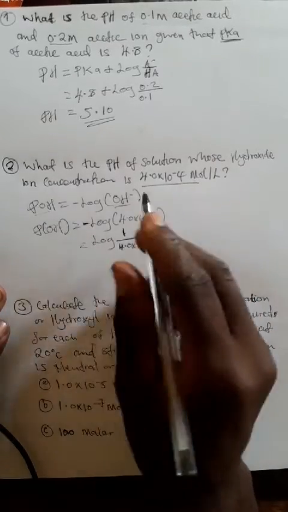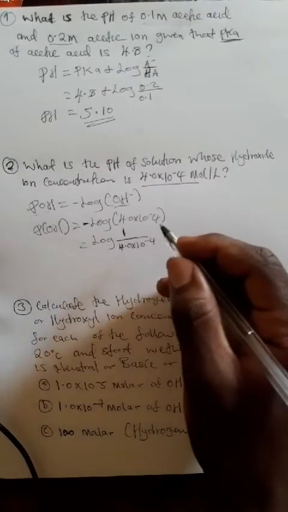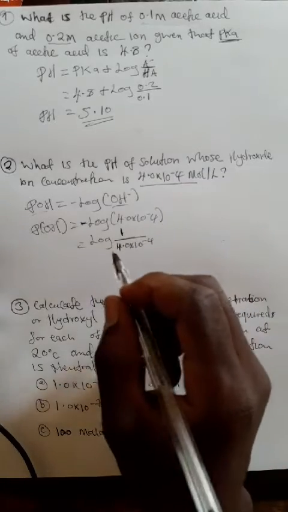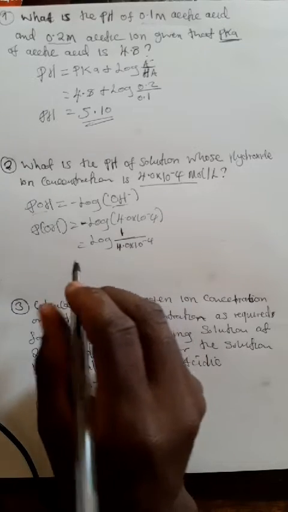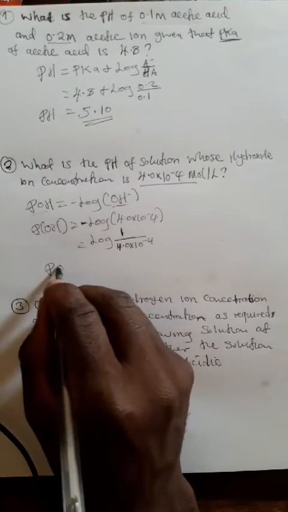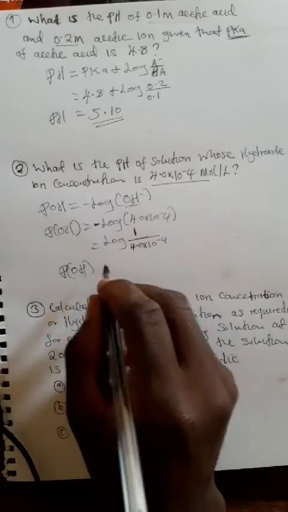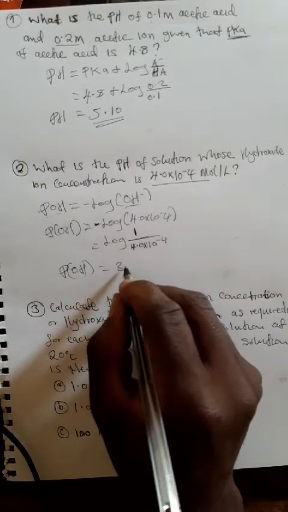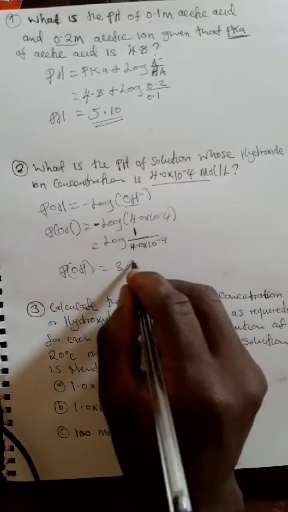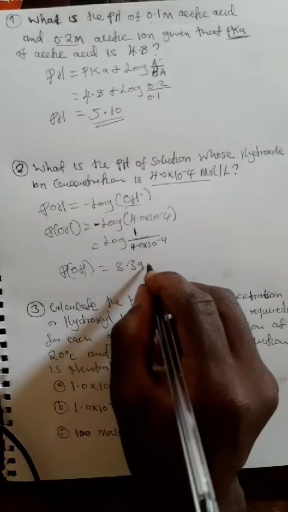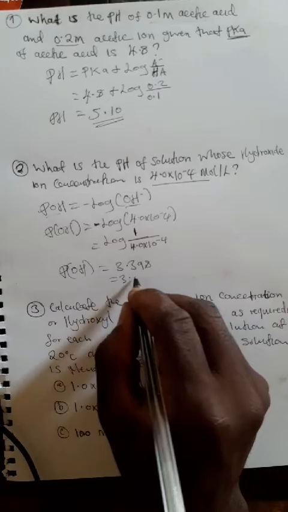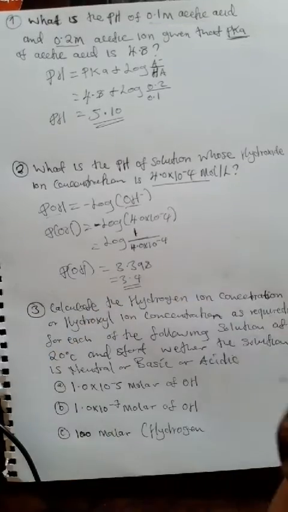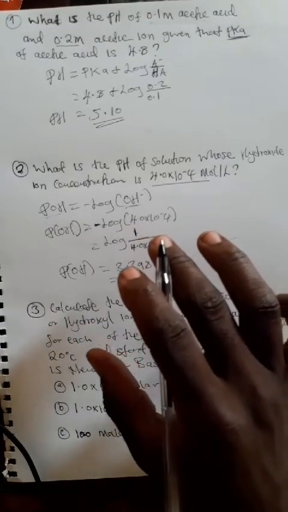So that's the expression that you can obtain when you remove a negative sign. So let's just compute this using the calculator. The value that I've calculated is pOH is equal to 3.398, which you can just leave as 3.4. So this is the value for pOH.